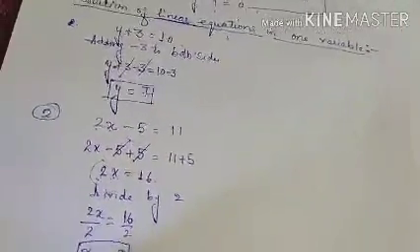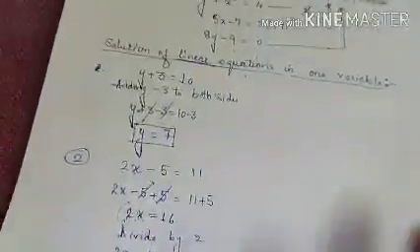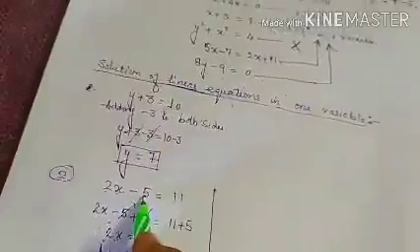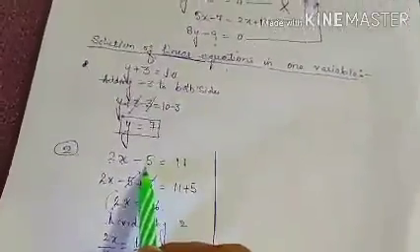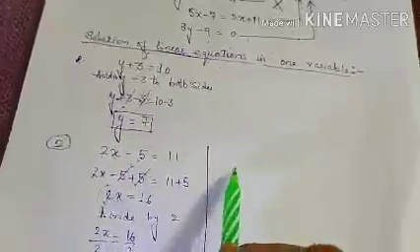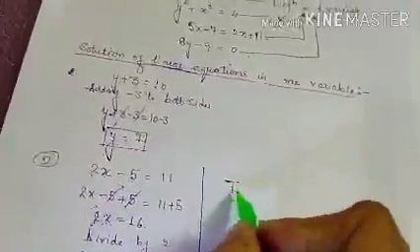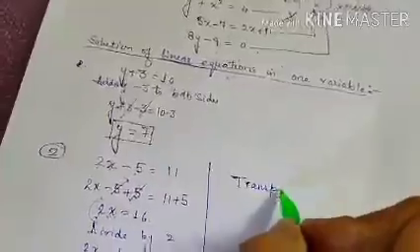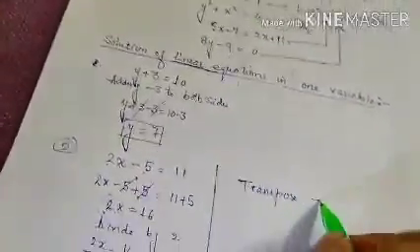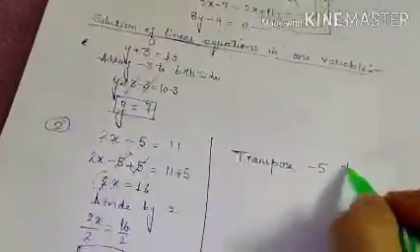Now we may do it in another way also, by transposing this term to the other side. So we can write, transpose minus 5 to the right hand side.